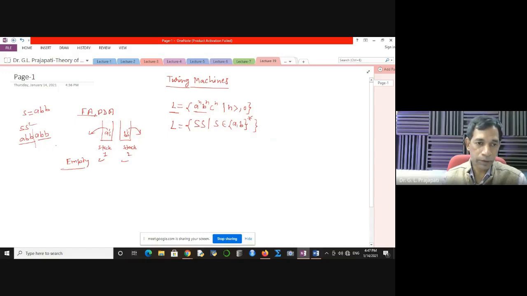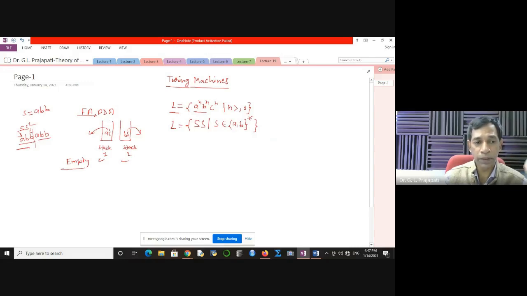Now see, even with a PDA, you cannot construct the PDA for this language. Why is it so? Because once you push the first half onto the stack, your stack top becomes B. Then you start reading A, and you want to match this A with the bottom of the stack, which is A. But there is no way to access the bottom in the case of a stack.